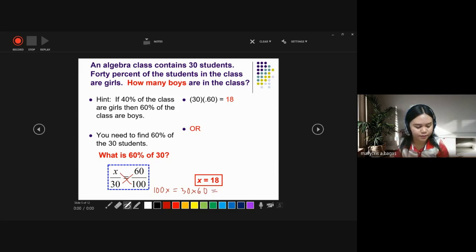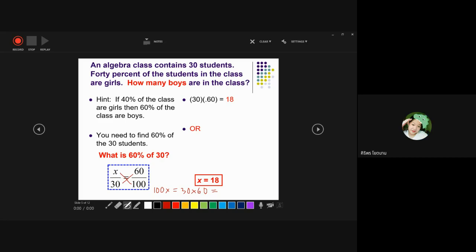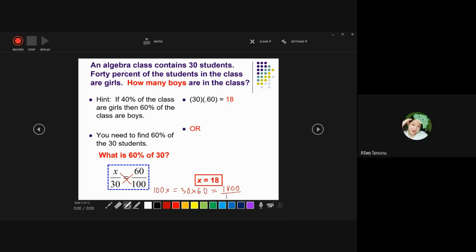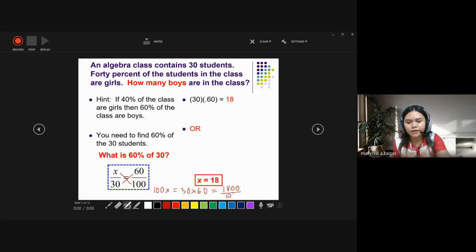30 times 60 is 1,800. 1,800 over 100. 1,800 divided by 100 equals 18.